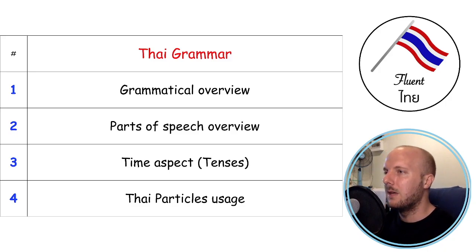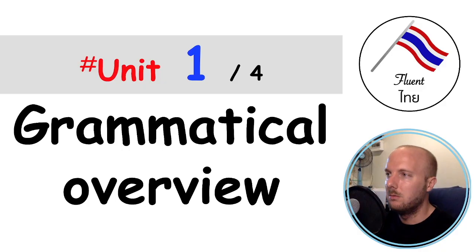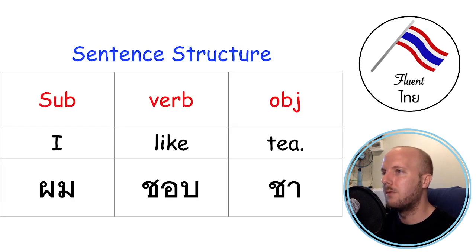Okay, here we go. So unit 1 of this grammar course, we're gonna do a grammatical overview of Thai. So sentence structure, well, pretty much the same as English. It's subject, verb, object.